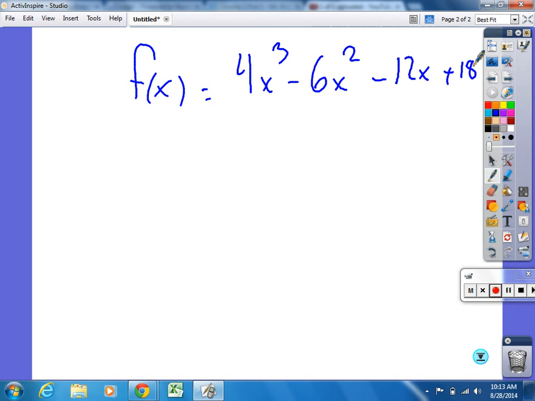Bam, right there. How many of you have ever factored something with an x cubed before, except for the one we did up here when we pulled out a common factor? Is anything in there common? No. Well, we could pull out the 2. But you still got an x cubed.